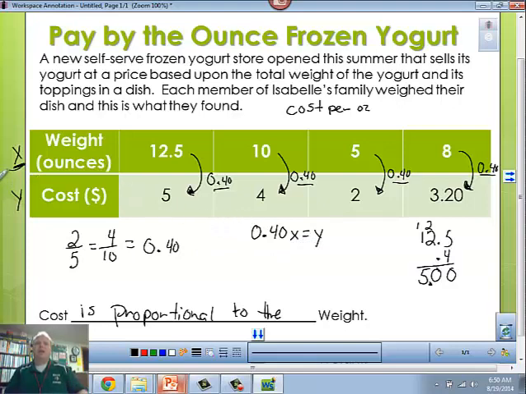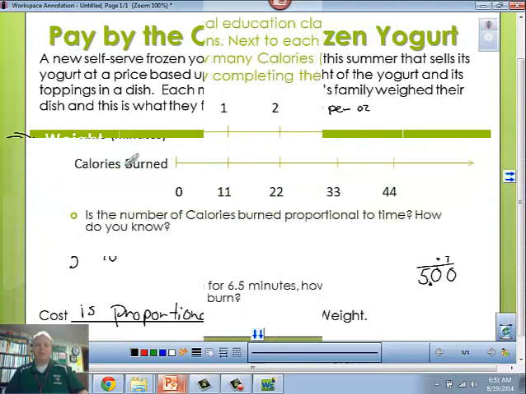They take the weight in ounces and multiply it by this number, and we'll talk about what that is tomorrow, and that equals my cost. Whatever I put in here, I get out here. Alright, let's look at your next problem.